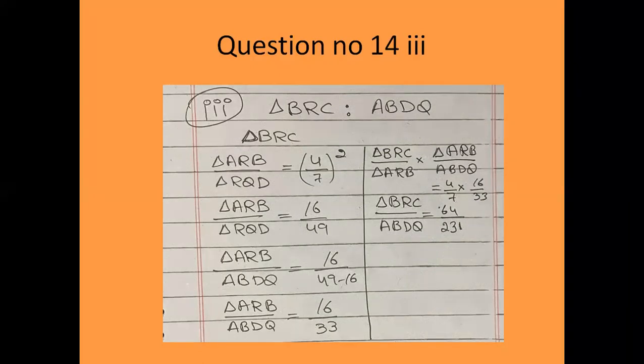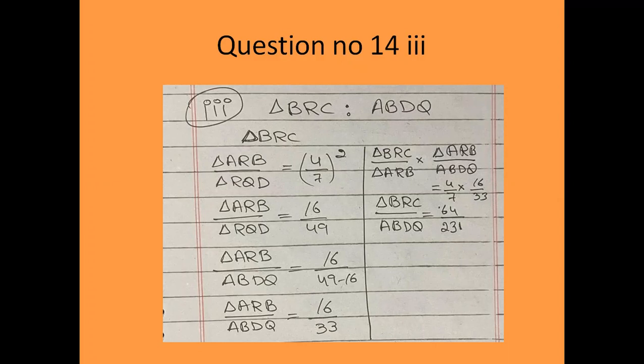If you subtract both these triangles, you will have that trapezium. From RQD, if you subtract the triangle ARB, the remaining area will be ABDQ, that trapezium. So 49 minus 16 is 33. So I know that triangle ARB to the trapezium ABDQ will be 16 by 33.